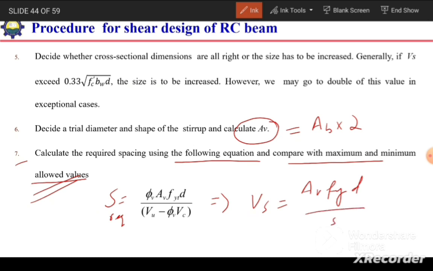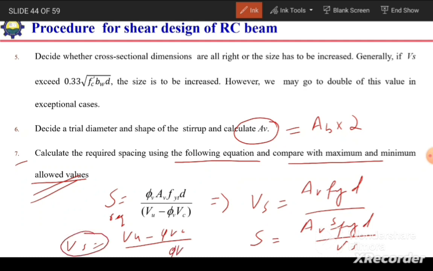After rearranging this equation, if we bring s over here, it becomes Av fy d over Vs, and Vs is equal to (Vu minus φVc) divided by φ. After substituting the value of Vs, this relation becomes this one.